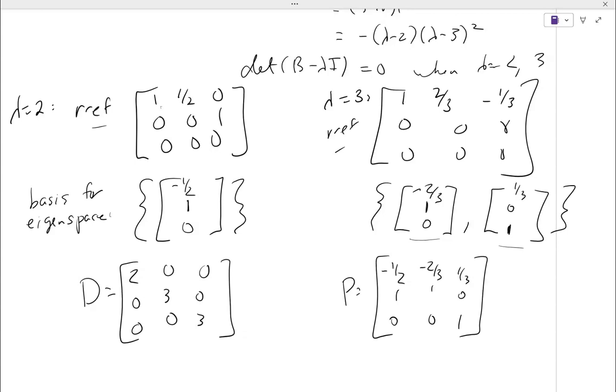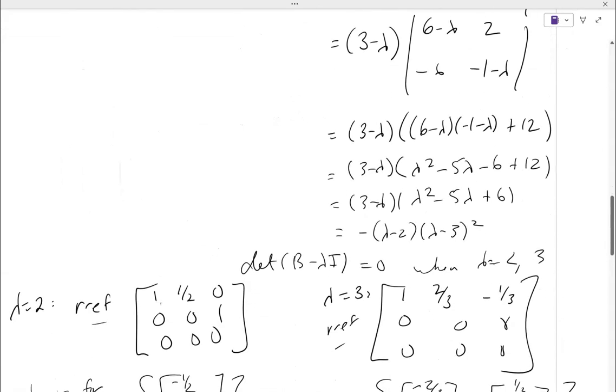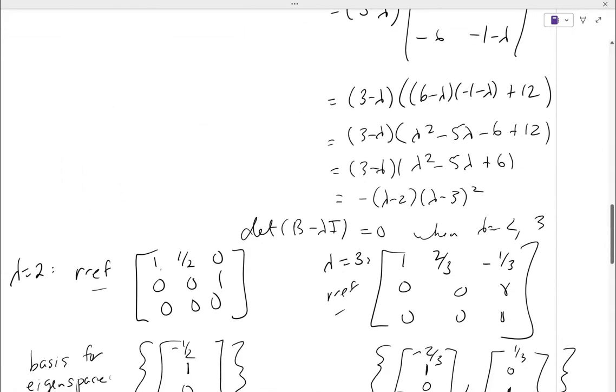I just use D for the diagonal since we think of D as being diagonal. Okay, so I want to do the P matrix times the D matrix times the P matrix inverse. And I should get the matrix that we started with, which we do, because if I pull up the B matrix, it's the same thing.